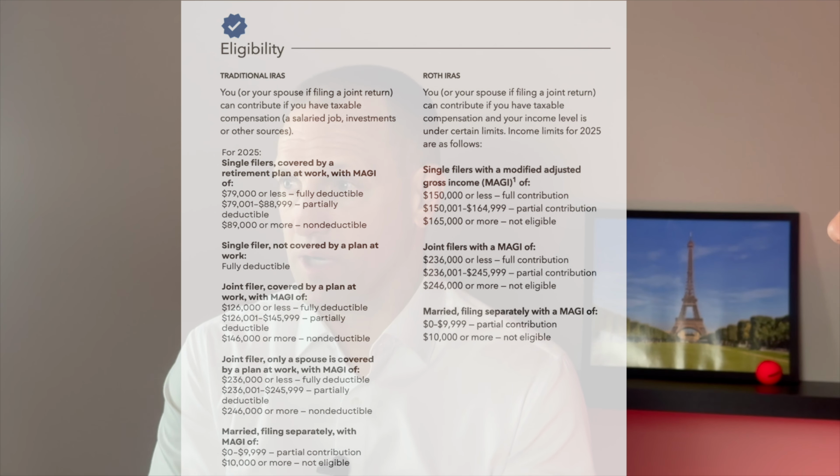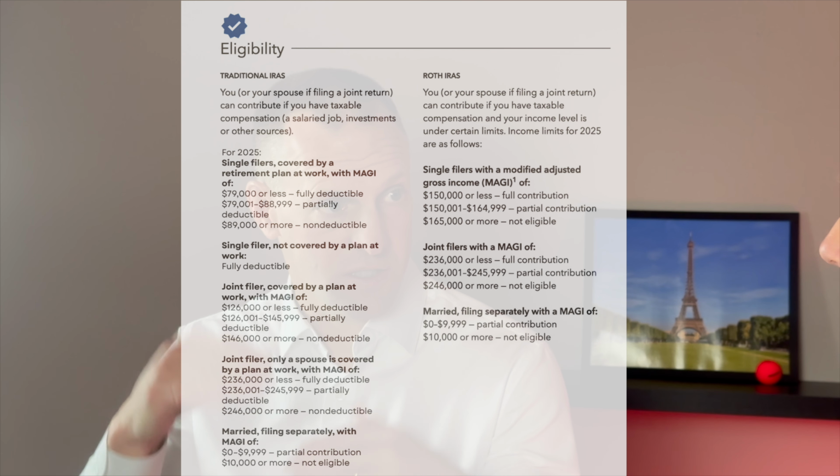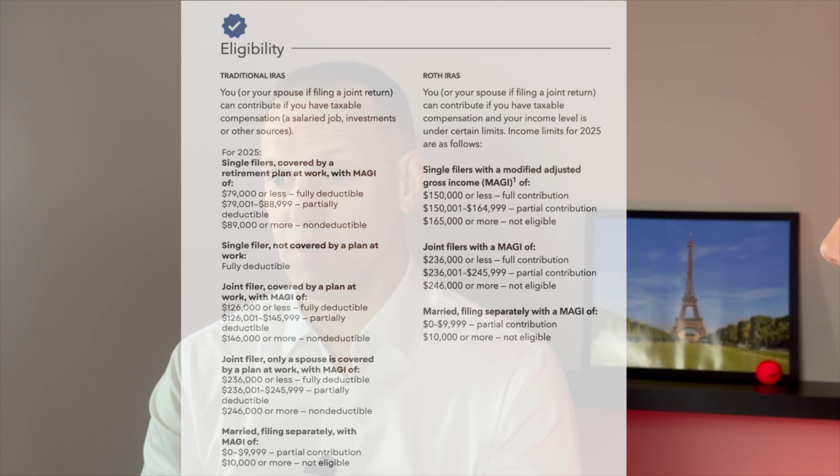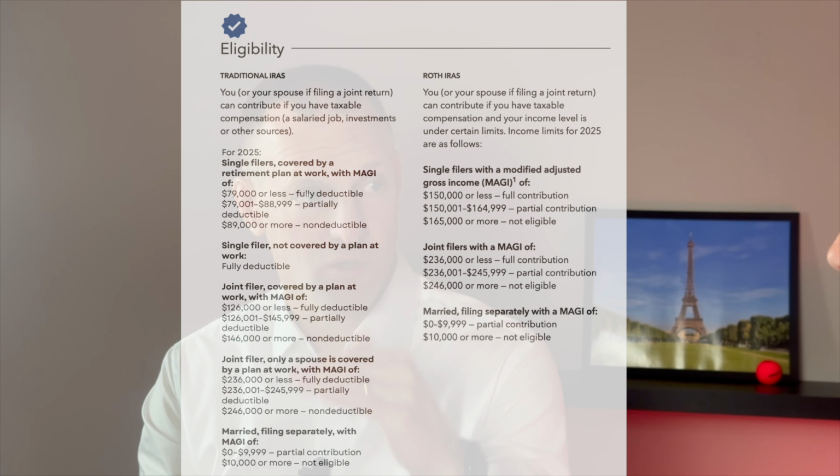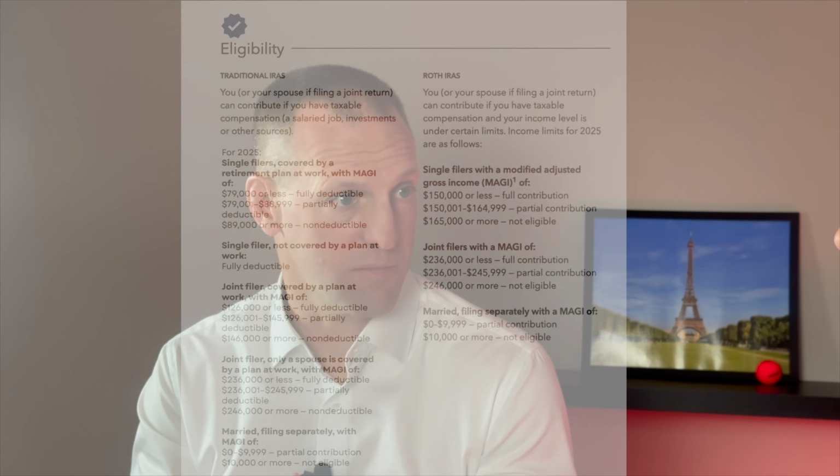It depends on if you're married or single, and on if you're currently in a retirement plan at work. It changes some of these limits. But generally speaking, the Roth IRA has some higher limits than the traditional IRA. But if you have earned income, you generally can put in unless you make too much money.